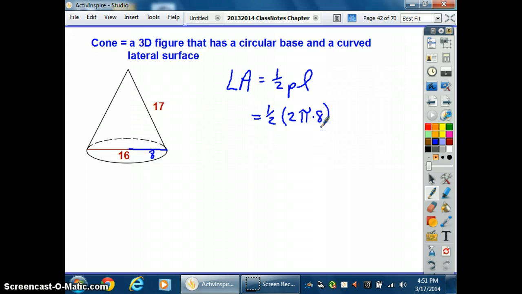And our slant height here is given. It's 17. And these would cancel out, so we'd have 8 pi, 8 times 17 pi.